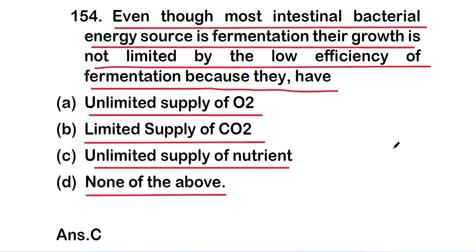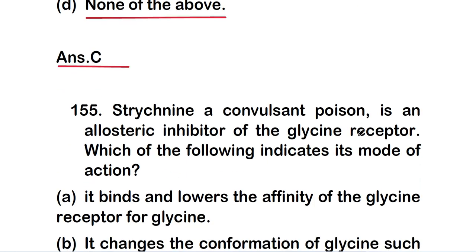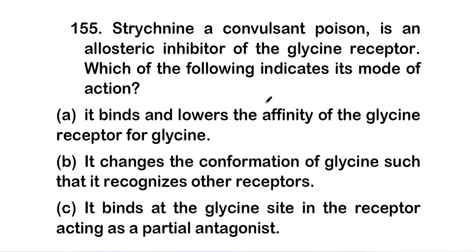And the right one is option C, that is unlimited supply of nutrients. So even though most intestinal bacteria's energy source is fermentation, their growth is not limited by the low efficiency of fermentation because they have unlimited supply of nutrients. So next one is 155.